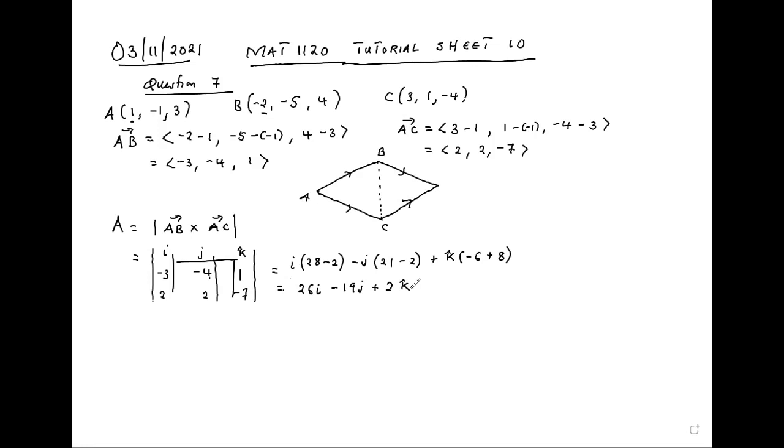So when you have this, then you find the magnitude of this vector, which is the square root of 26 squared plus negative 19 squared plus 2 squared, which is equal to 26 squared plus 19 squared plus 2 squared, giving us 1041.